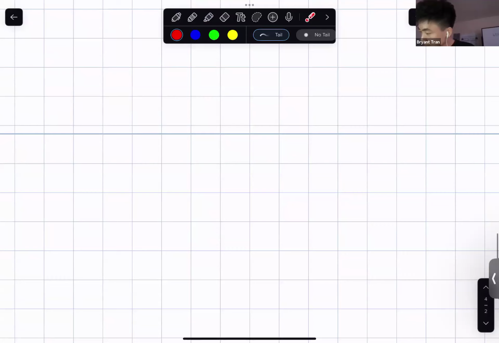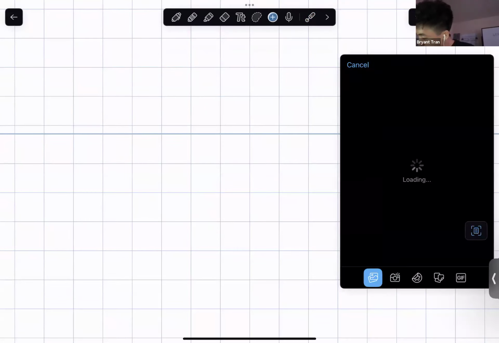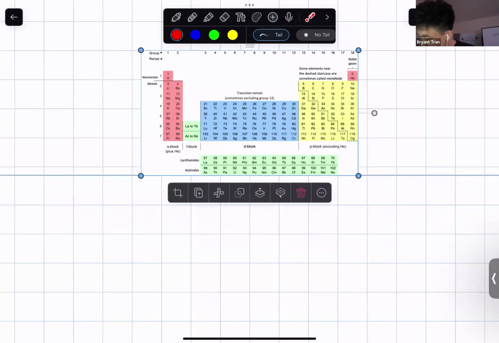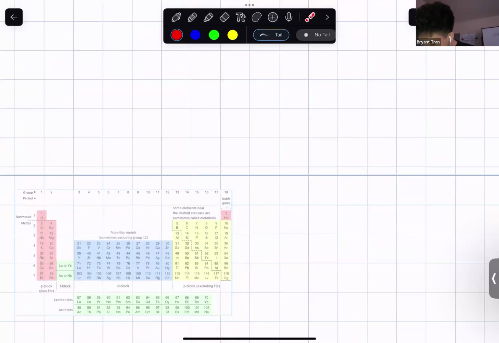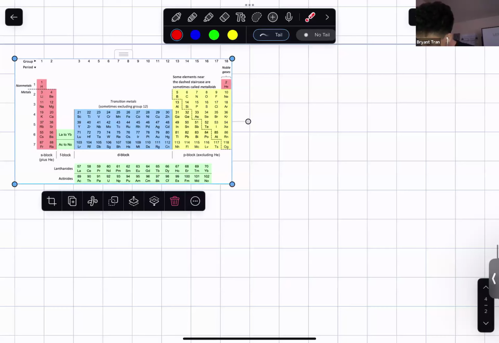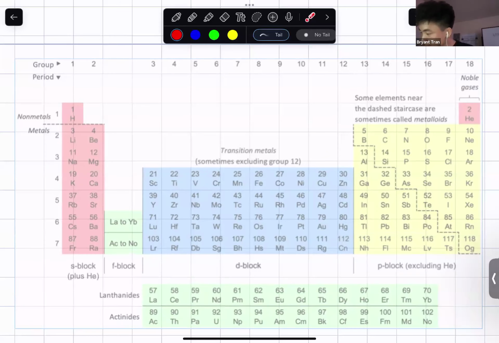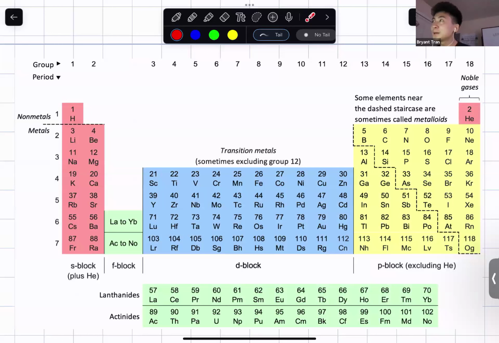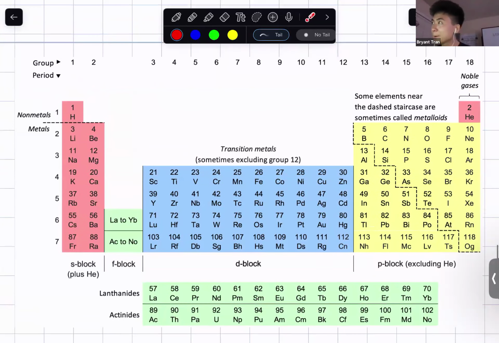Let me pull up a periodic table for you right here. Do you remember how we can calculate the number of valence electrons by looking at the periodic table?